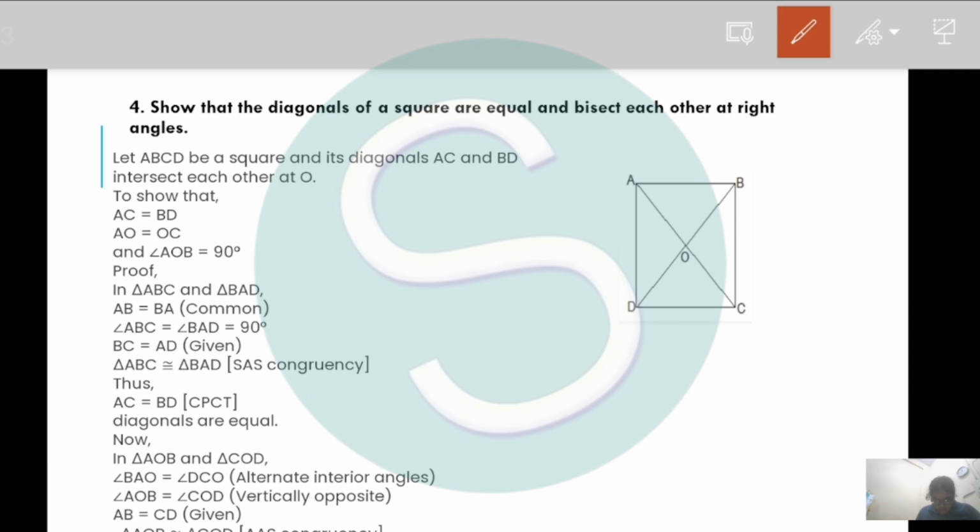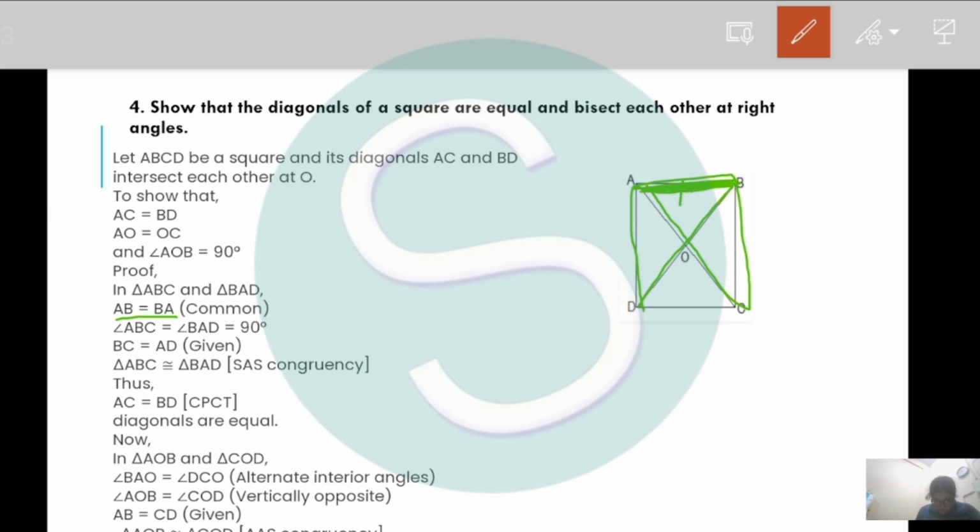So we will consider two triangles, that is triangle ABC and triangle BAD. These two triangles. So how will we prove them congruent? Firstly, AB equals to BA, that is common side. This side is common in both triangles.